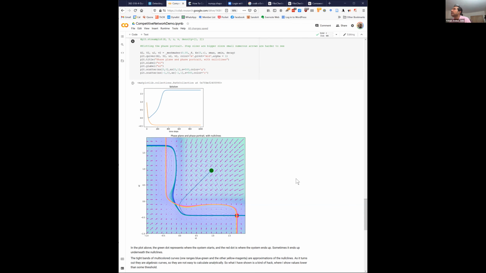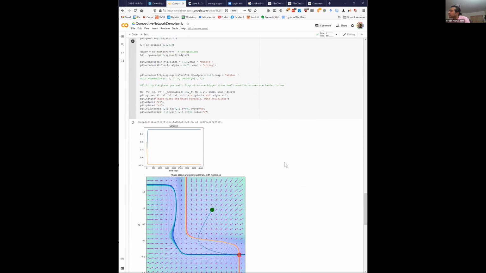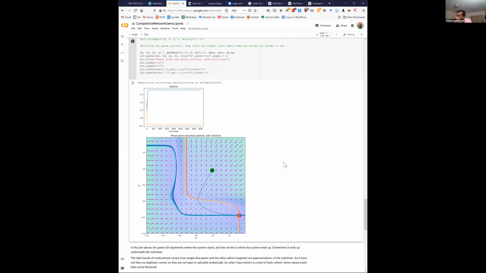And let me show you that. So right now I actually have that already, but I'm going to make one of them much larger. And you see what happened. Nullcline moved.